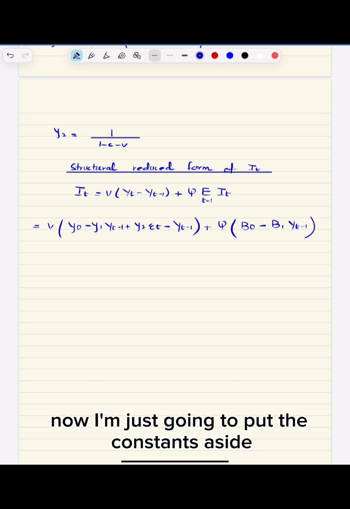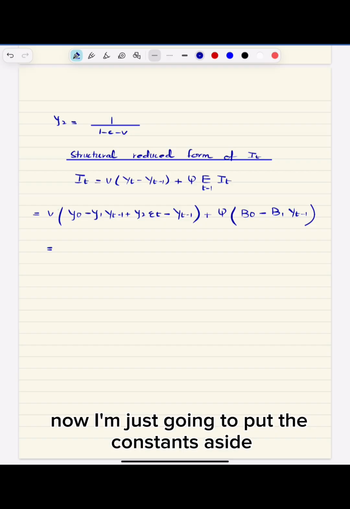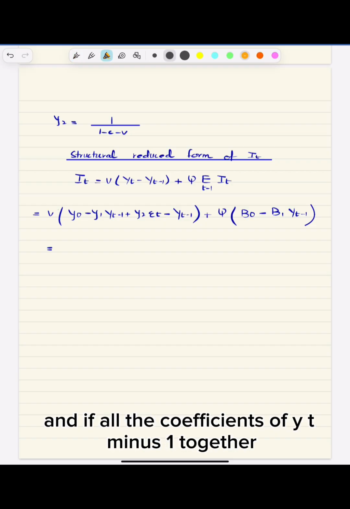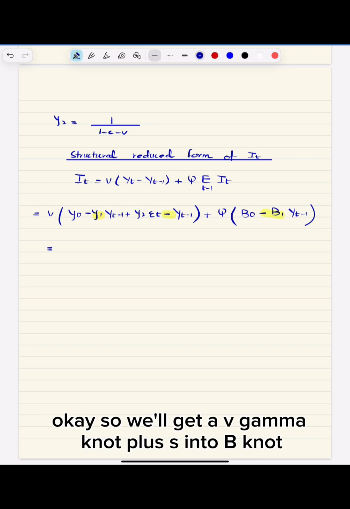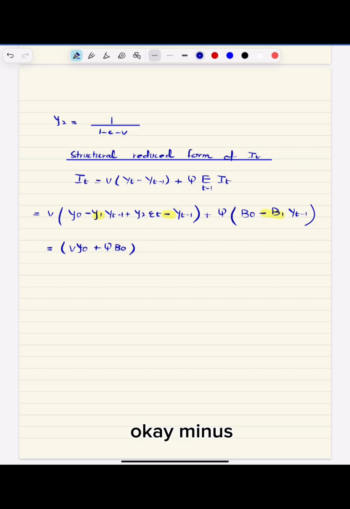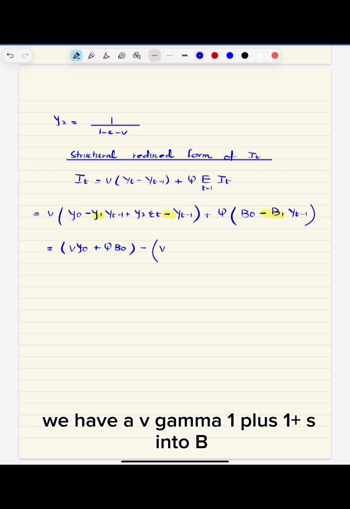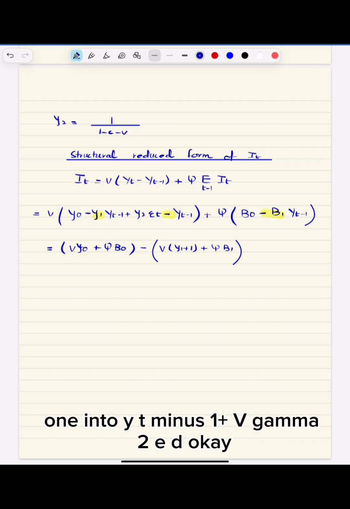Okay, now I'm just going to put the constants aside, and all the coefficients of yt minus 1 together. So we'll get a v gamma naught plus this into b naught, minus a v gamma 1 plus 1 plus this into b1 into yt minus 1 plus v gamma 2 et.